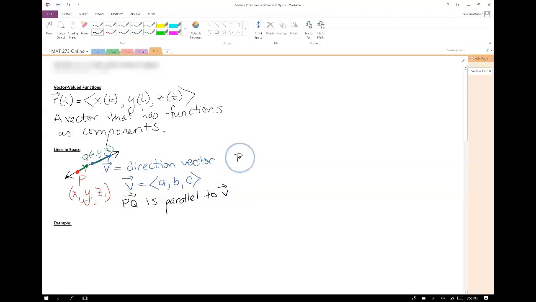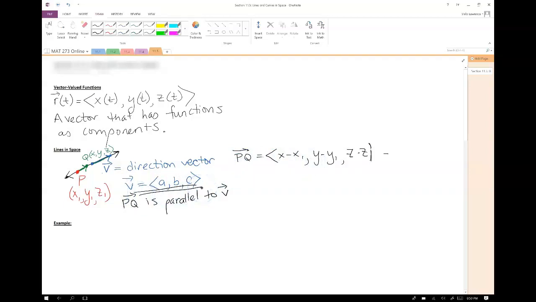If we create vector PQ, we're going to do the Q coordinates minus the P coordinates. You always do terminal minus initial. We're going to have x minus x1, y minus y1, and z minus z1. These components should be scalar multiples of a, b, c.